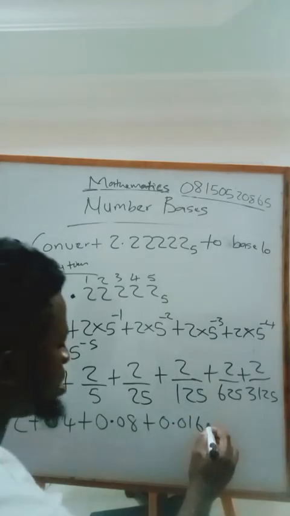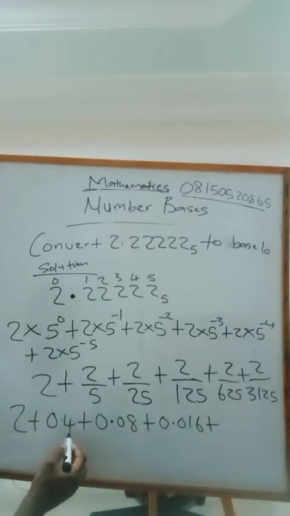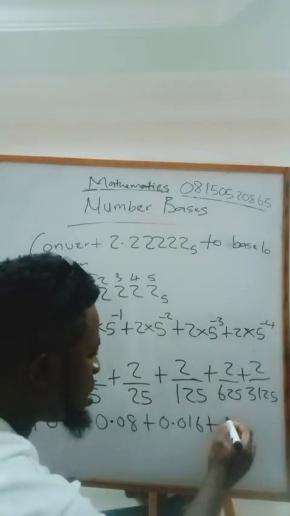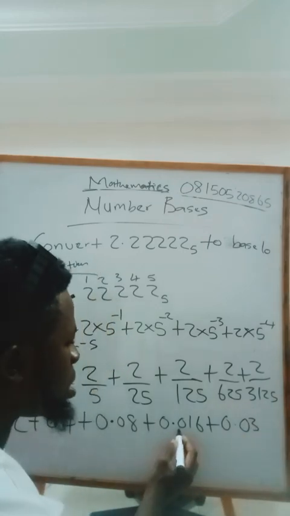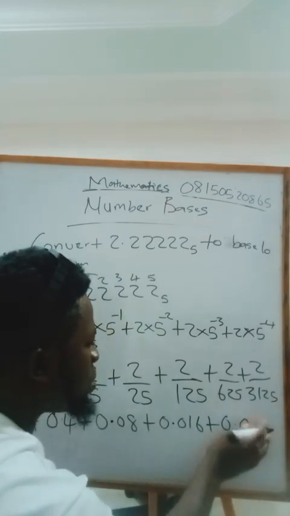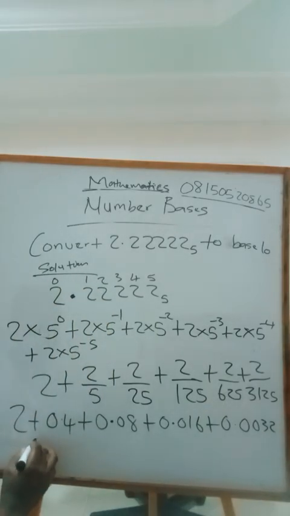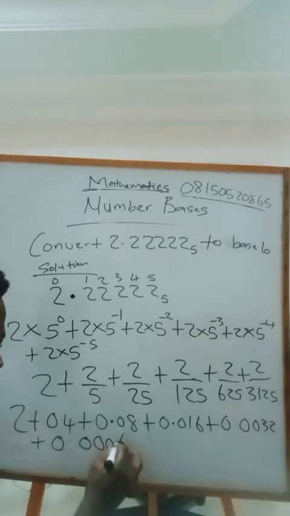0.016. Just like in decimal form, it is this times 2: 8 times 2 is 16. So this will be 0.032, then plus 0.00064.